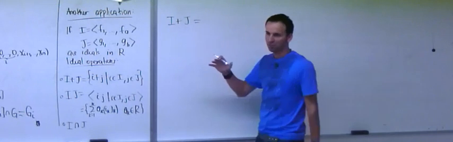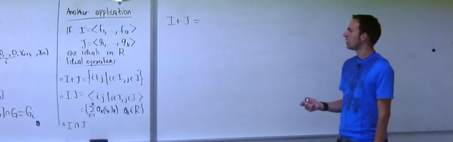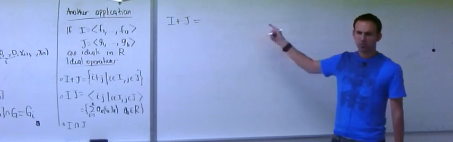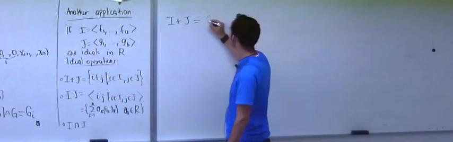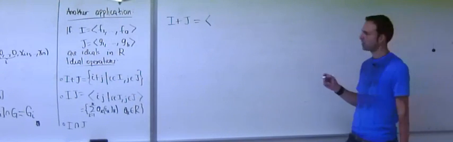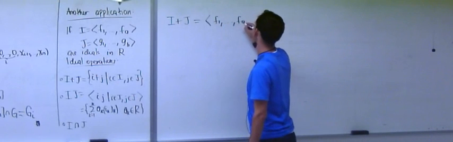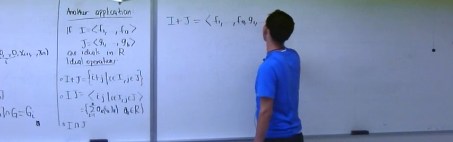Generally we describe ideals by giving generators. And can you guys tell me a list of generators for this guy? It's just the union of the generators, right?